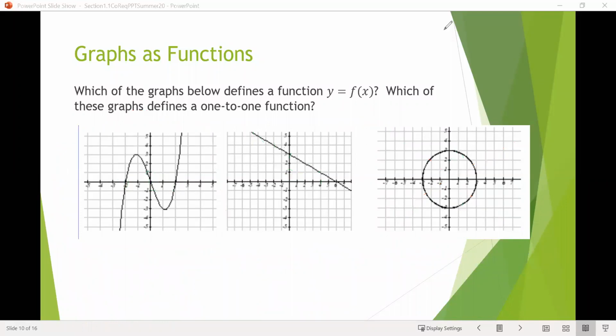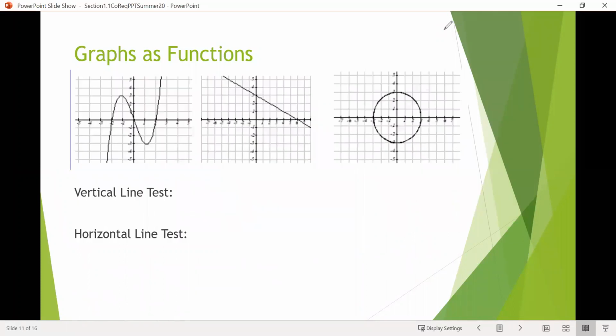All right. And this leads us now to two different tests we can use to determine whether a graph represents a function or not. And I'm not going to write out the entire text of the tests here. You can look them up in our textbook, but I will describe them.